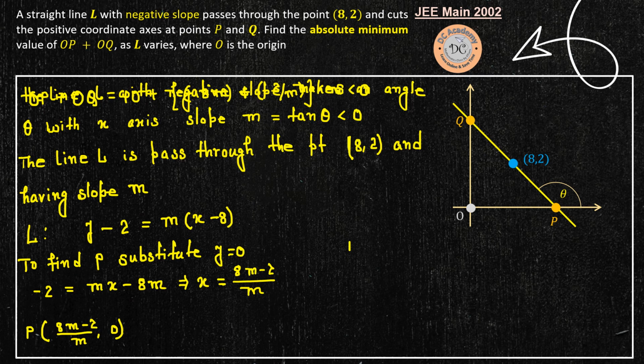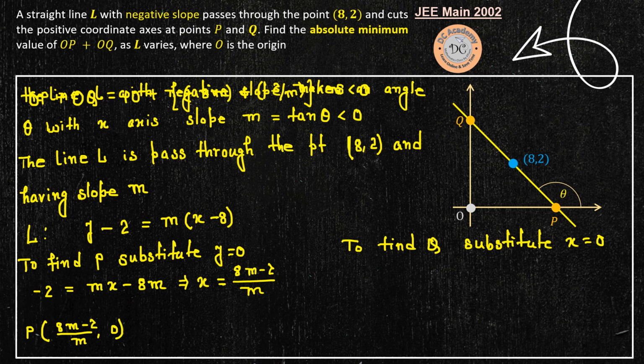And similarly, to find Q, which is the point of intersection with the y-axis, we substitute x equal to 0. Why? Because the equation of the y-axis is x equal to 0, and it's the point of intersection of these two lines.